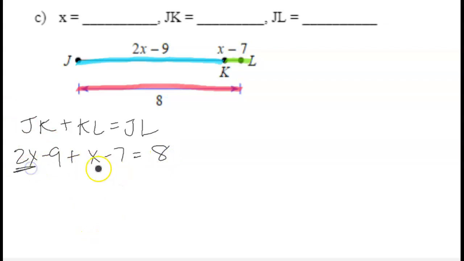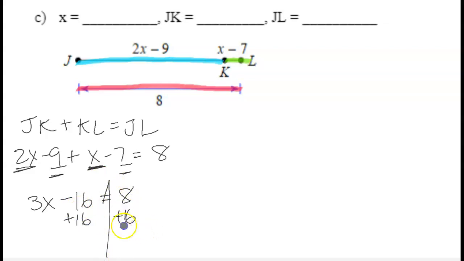All right, combining my like terms, my x's together gives me 3x, and negative 9, negative 7 is negative 16. Now I'm going to be adding to both sides. 3x equals 24. And finally divide by 3 to both sides.